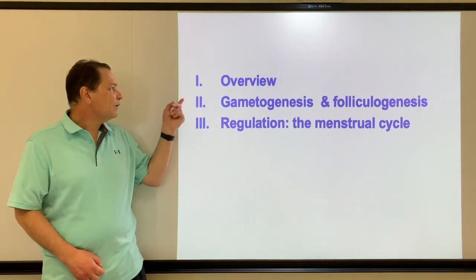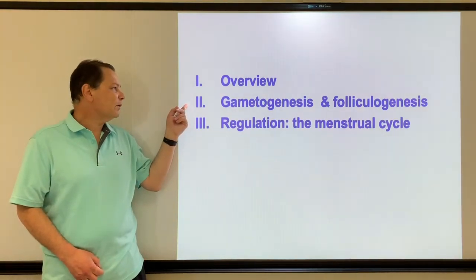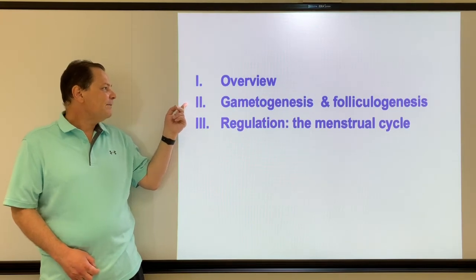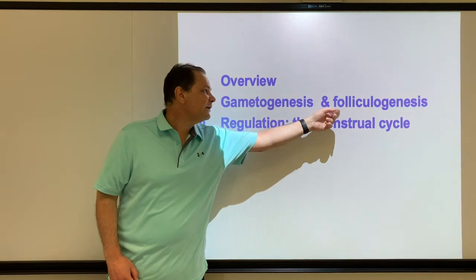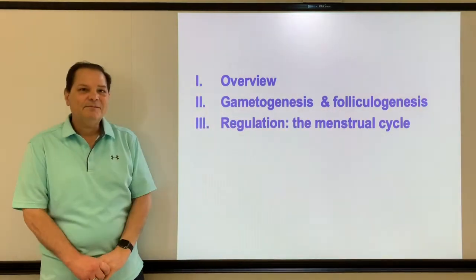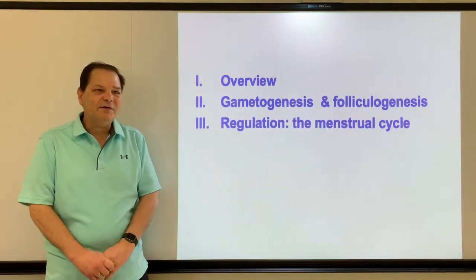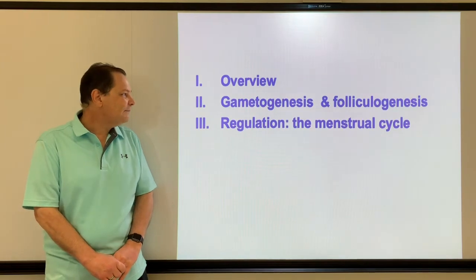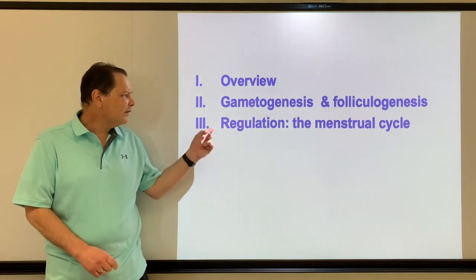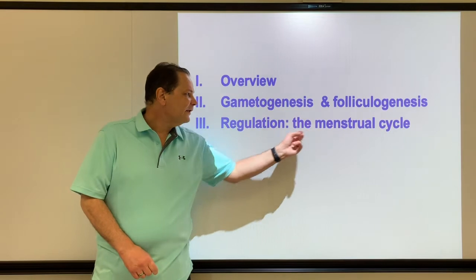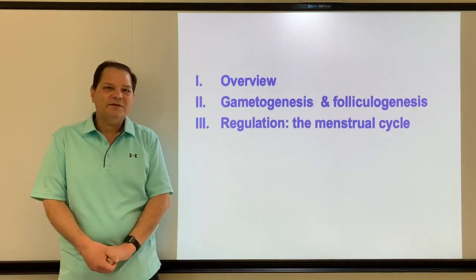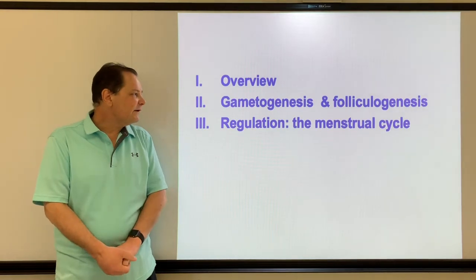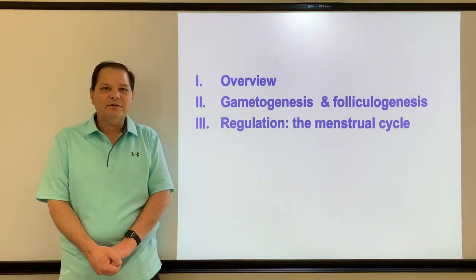Once through, we're going to do an overview, and then once through, we're going to emphasize gametogenesis, development of the oocyte and folliculogenesis, development of a follicle around that gamete, and then we're going to talk about the menstrual cycle in terms of the hormones that are released and the cyclic nature of that part of the cycle.